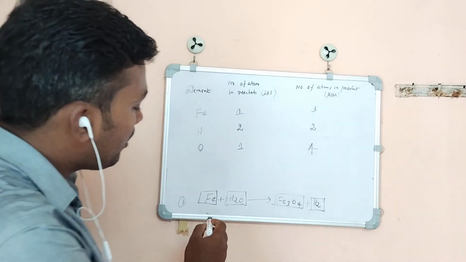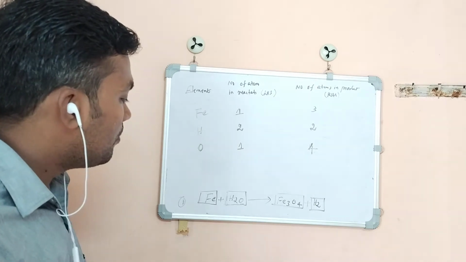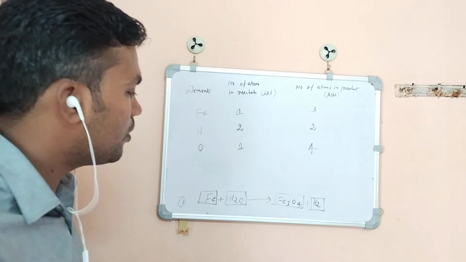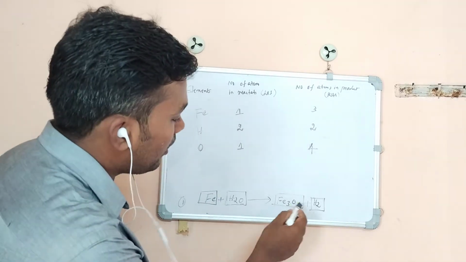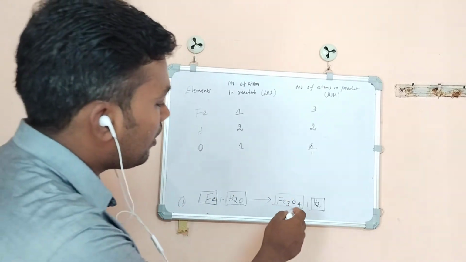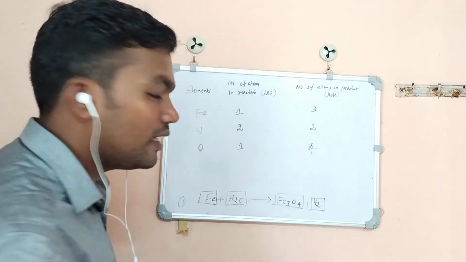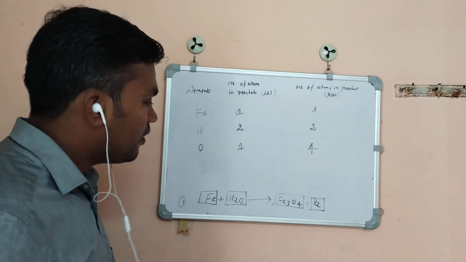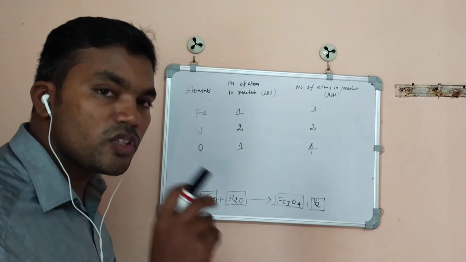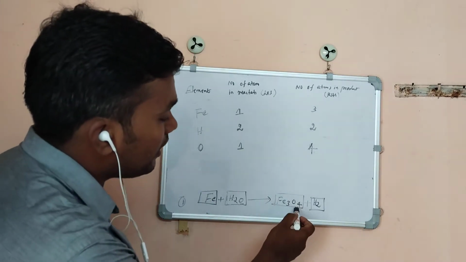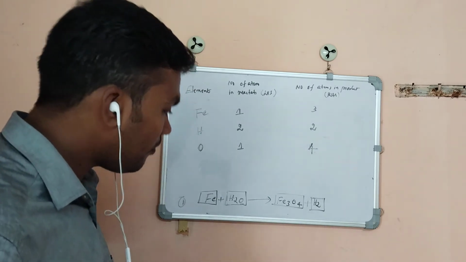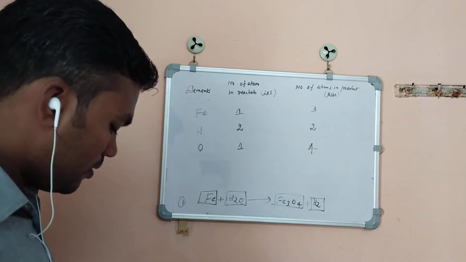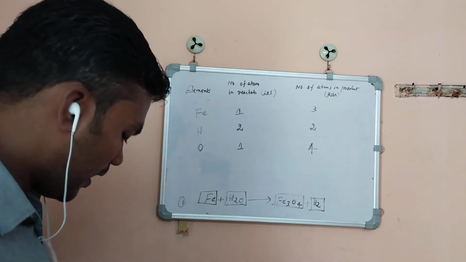In this case, count here. The maximum number of atoms on the reactant side is 2, but on the product side there is Fe3 and O4. When comparing with the other elements, oxygen has the maximum number of atoms in the reaction. That's why we are going to balance oxygen first. So now we are going to balance the oxygen atoms first.